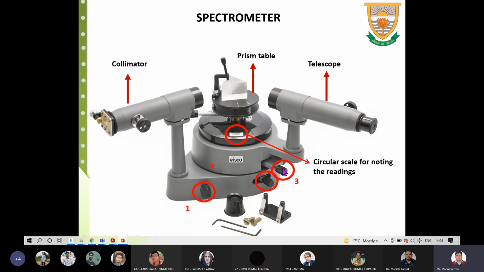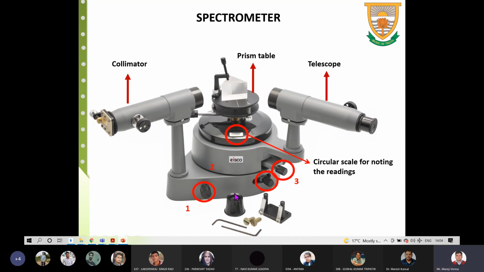This red circle is to fix the telescope, or if it is freed, then you can rotate the telescope. This lever is used to either constrain or allow the motion of the telescope. Similarly, there is another knob which is used to constrain or allow the motion of the prism table.